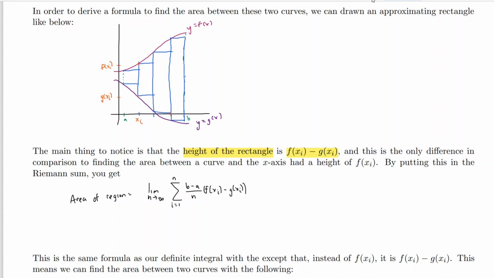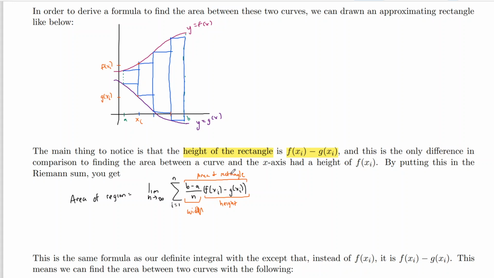Then we have b minus a over n, which is the base or width of the rectangle, and f of x sub i minus g of x sub i is the height. You might recall there are formulas to write down x sub i, like b minus a times i over n plus a. But from past experience, we don't actually have to write that down because it all goes away and turns into an integration, so I just left it as x sub i. The point here is that this is the area of the rectangle.